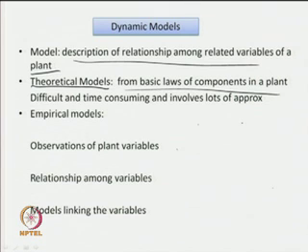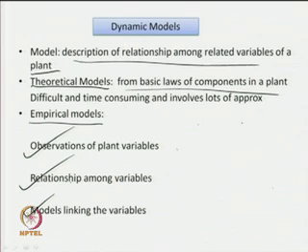However, the procedure is found to be difficult and time consuming and involves lots of approximations, whereas empirical models of process dynamics are developed relatively easily. It is done with the observations of plant variables or from the relationship among variables or from the models linking the variables.